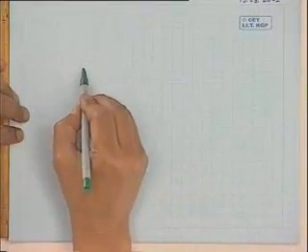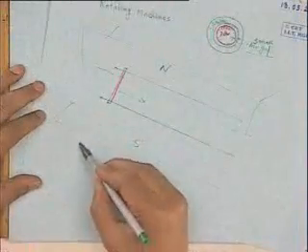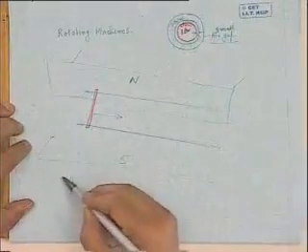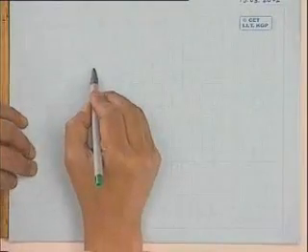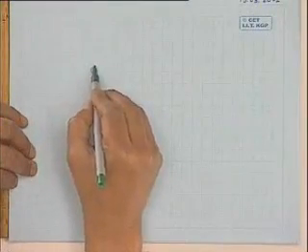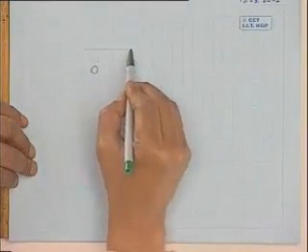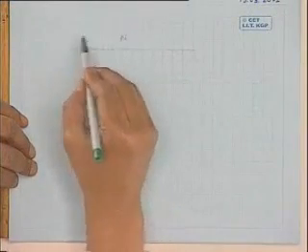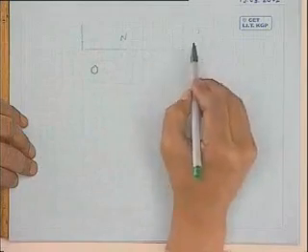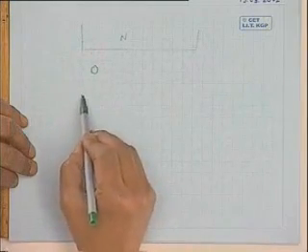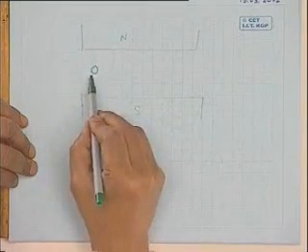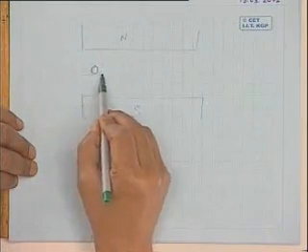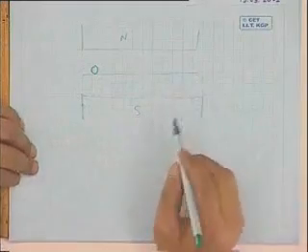If you look at the whole setup from this angle, it will look this way. That is, there is a conductor, and on this side, the side view, there is the North Pole and below there is a South Pole, and it can move over this rail. That is the side view.